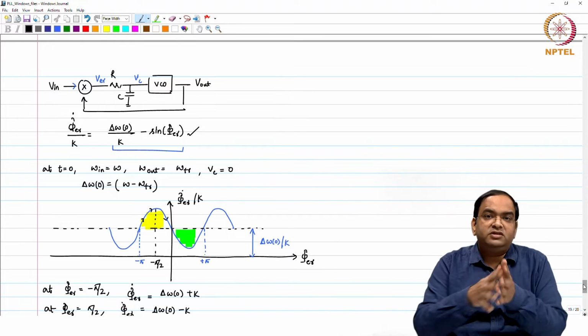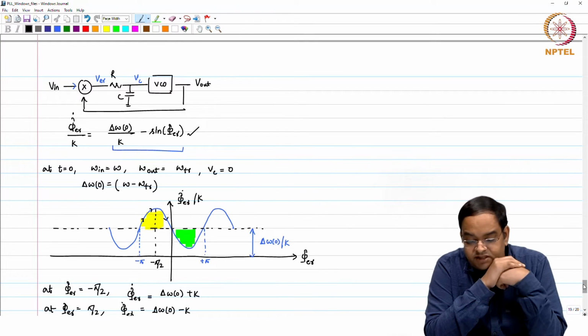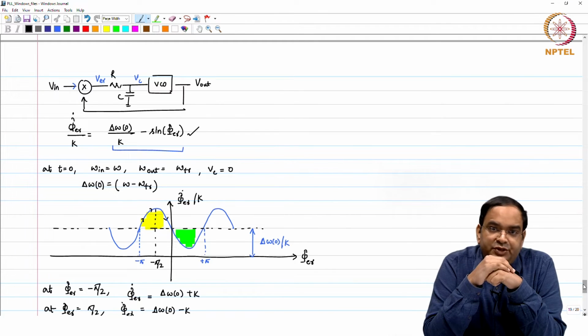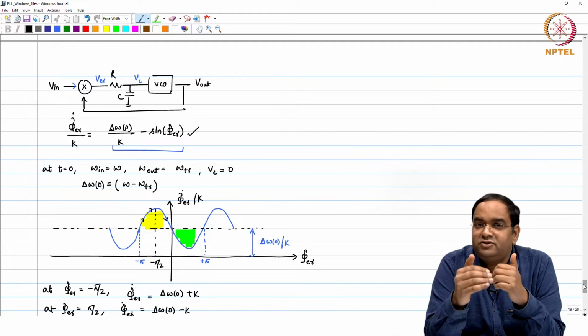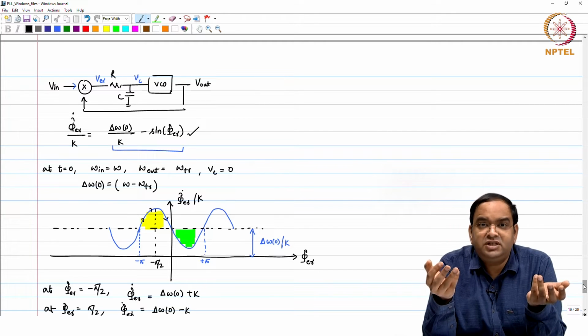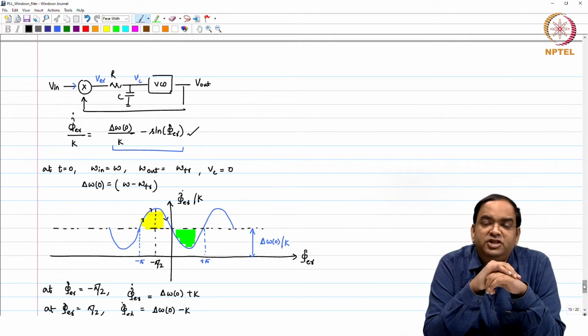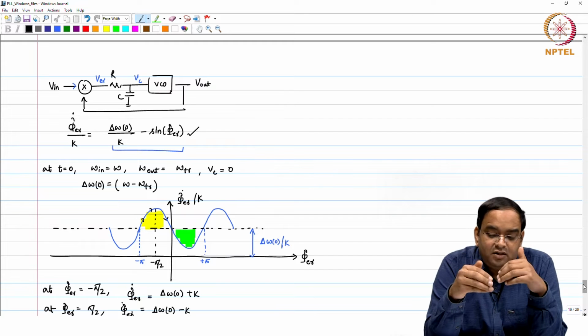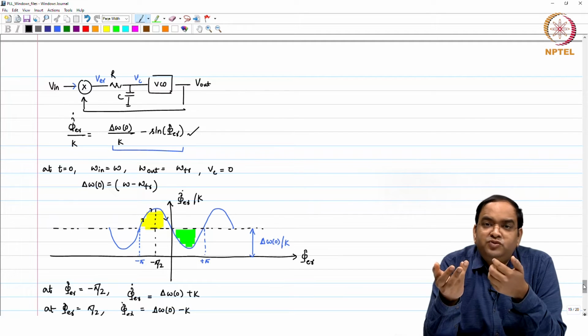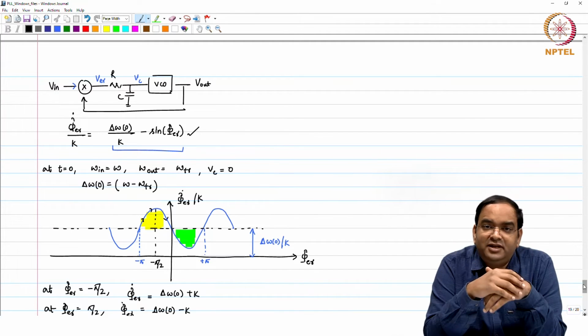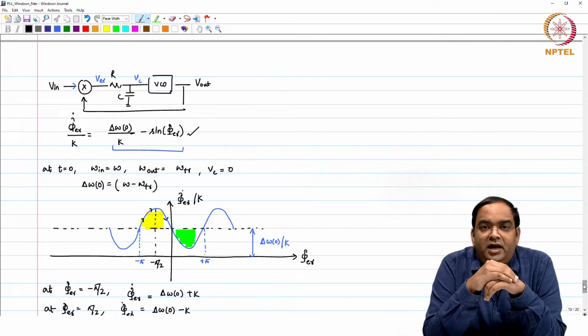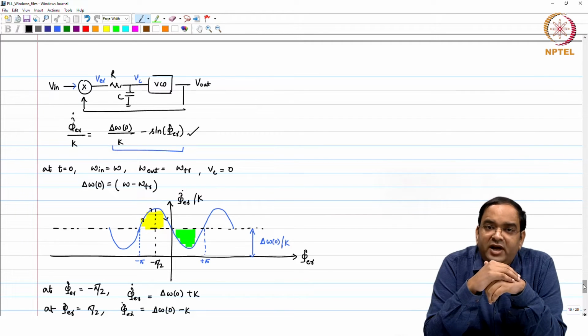Now, when you start this PLL with initial frequency error delta omega 0, and you do not have any solution which gives you that the rate of change of phase error is equal to 0, then the waveforms will keep on changing, or the voltage signals here will keep on changing, and it will not settle to any fixed value.